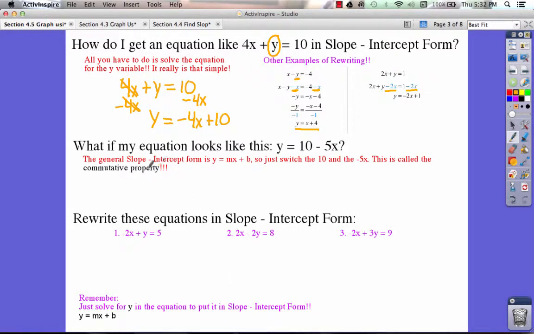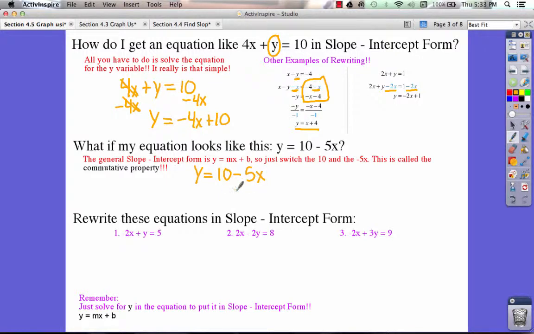You might ask yourself, what if my equation looks like this? Y equals 10 minus 5x. Well, it's pretty simple. The commutative property, we just talked about it right up here. The commutative property says take 10 minus 5x.